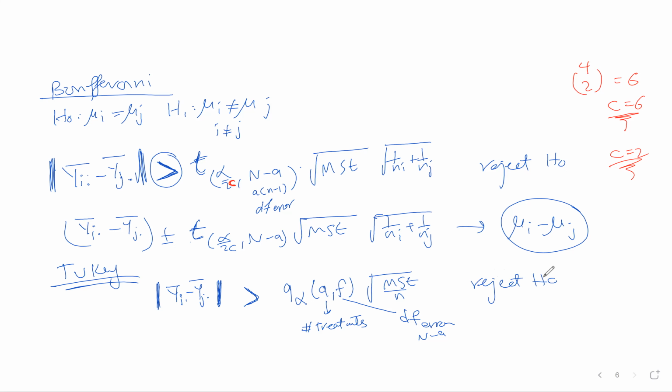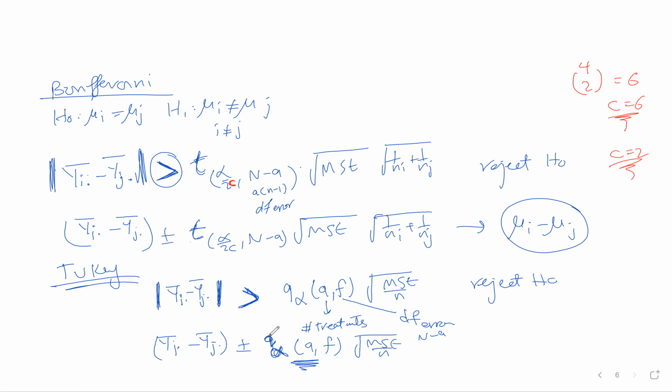What about the confidence interval? You change greater than to plus or minus. It would be yi dot bar minus yj dot bar plus or minus q alpha at A and f times the square root of MSE divided by n. So how do I find these values? For q alpha, you go to the Tukey table. There are 2 tables for Tukey, one at 5% and one at 1%.